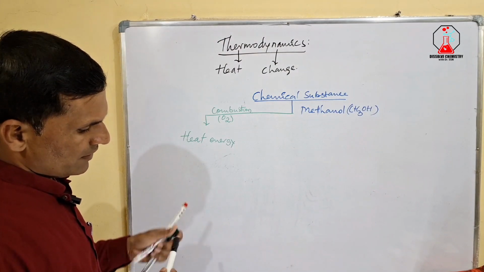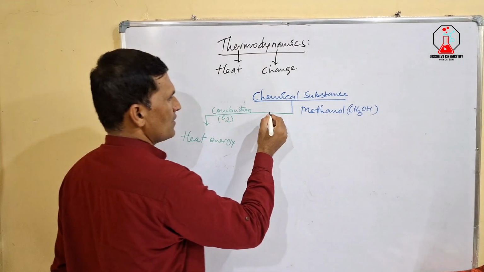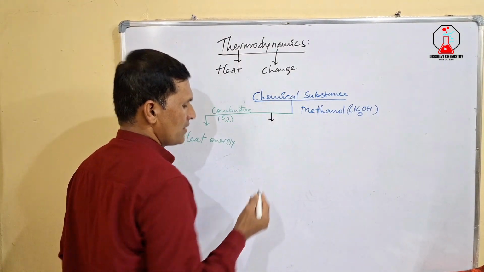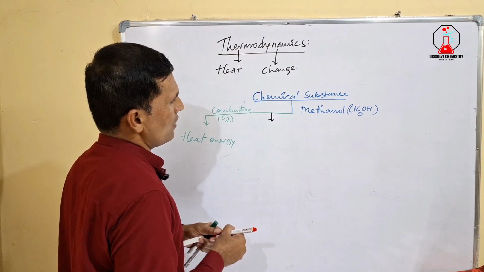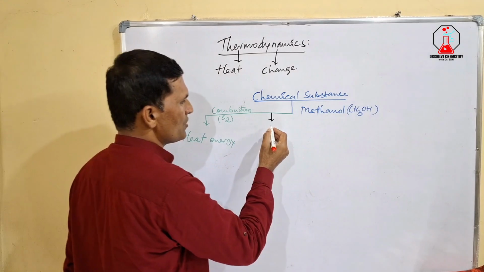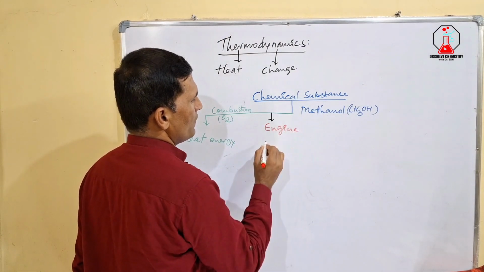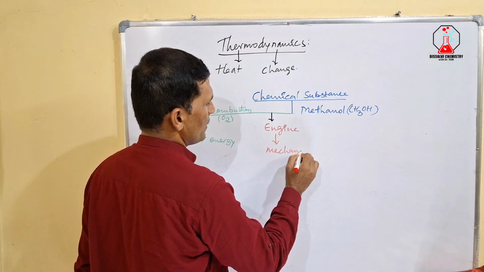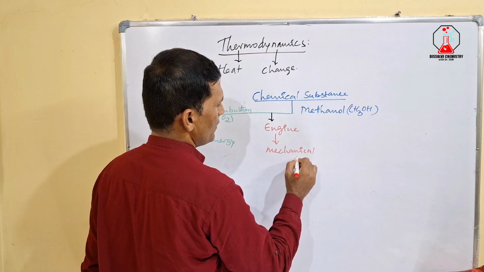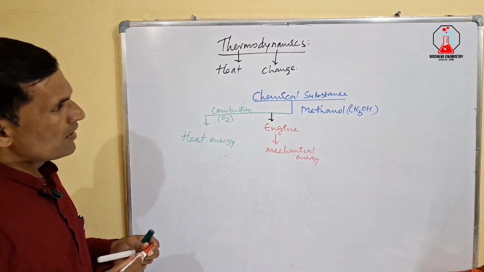You might have heard that methanol is being used in race cars. When the same methanol is allowed to burn in the engine, we can do mechanical work, which means we can convert that into mechanical energy.